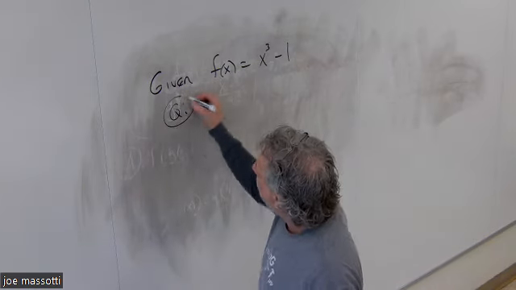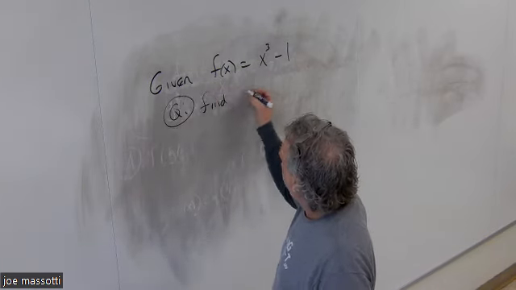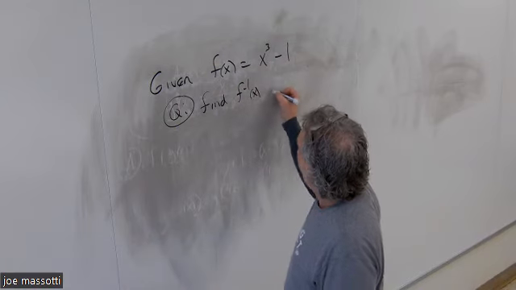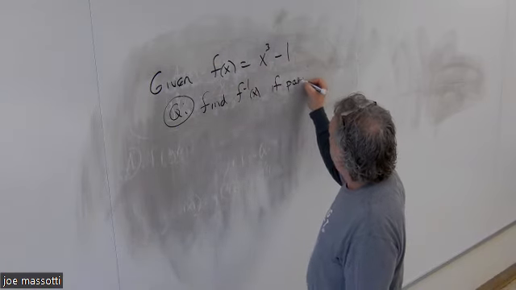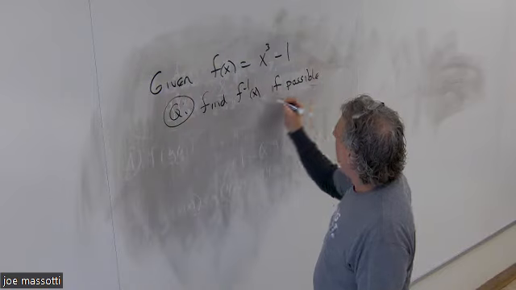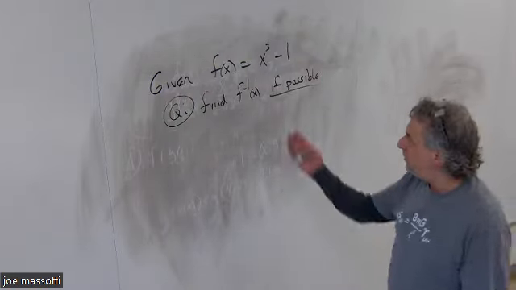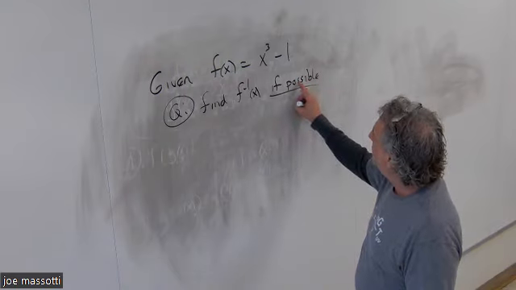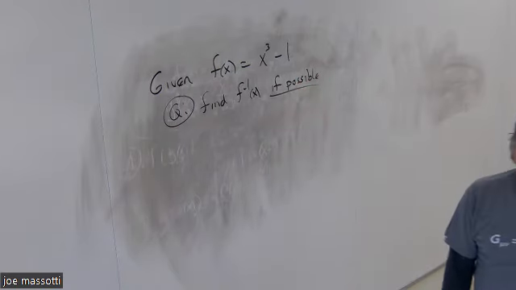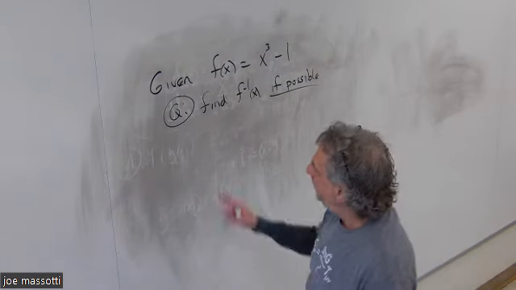So the question now is find the inverse function of that, if possible. We'll get to the possible in a minute after we do this. I'll show you what functions have inverses and how to tell whether a function has an inverse.